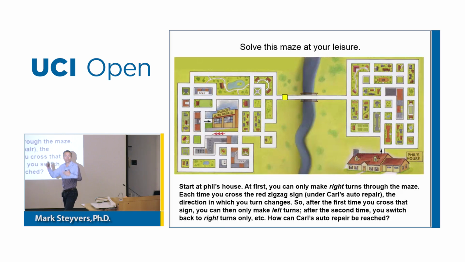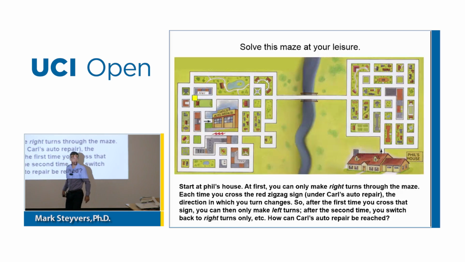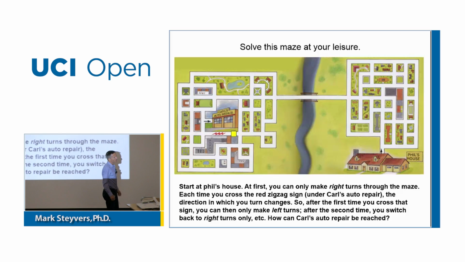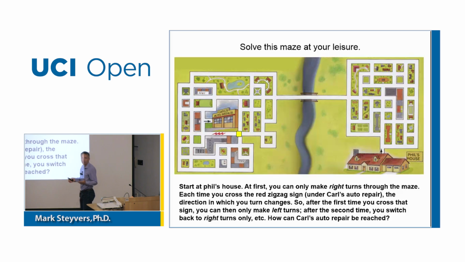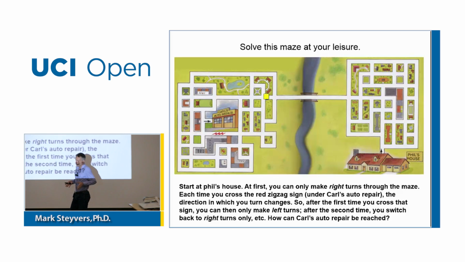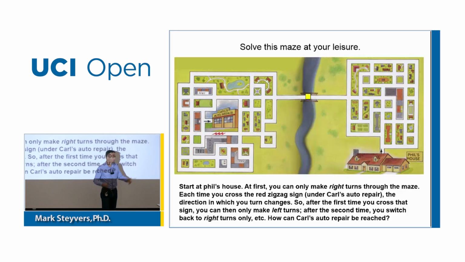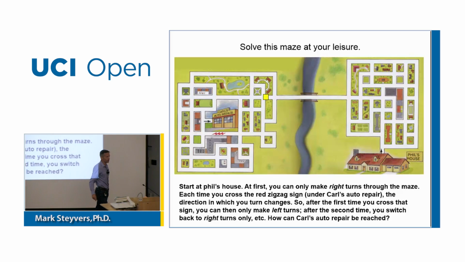Now the only reason why I want to show you a puzzle like this is that it's an example of hill climbing, where an obvious strategy to solve a puzzle like this is to try to get closer to the goal. It's a very simple, sensible strategy.